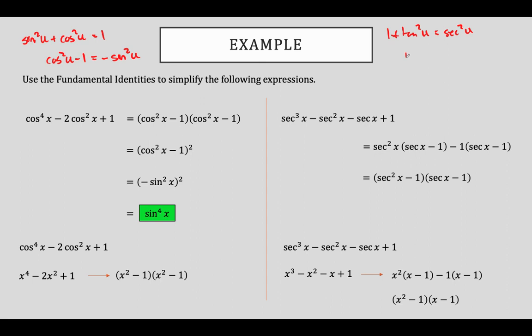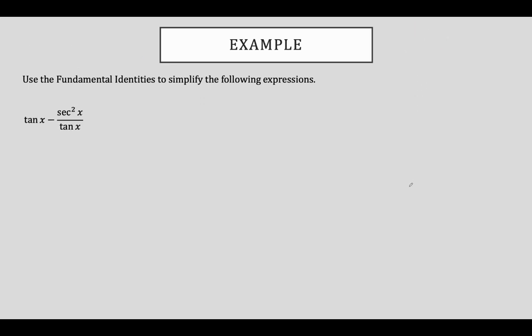Therefore, tangent squared u is equal to secant squared u minus 1. Here we have a secant squared x minus 1. I can replace that with tangent squared x to give me my final answer, tangent squared x times the quantity secant x minus 1.